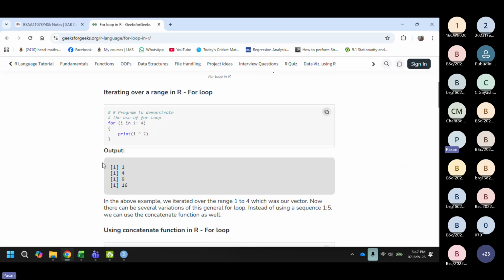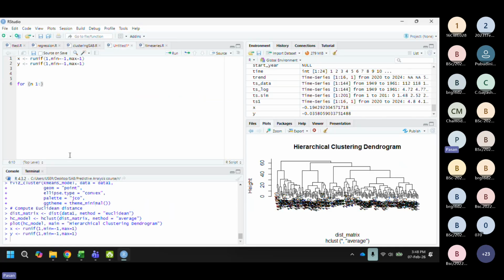Okay, so this is the range. So I can go with some for loop. So I can do this now for 100,000 times.